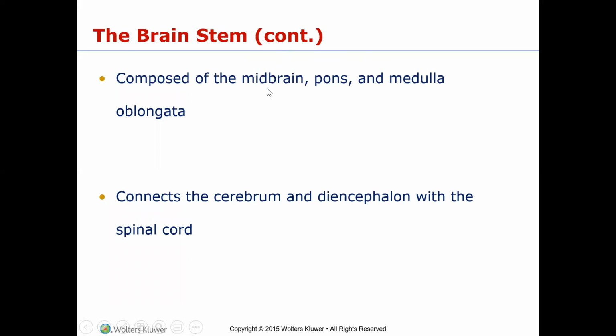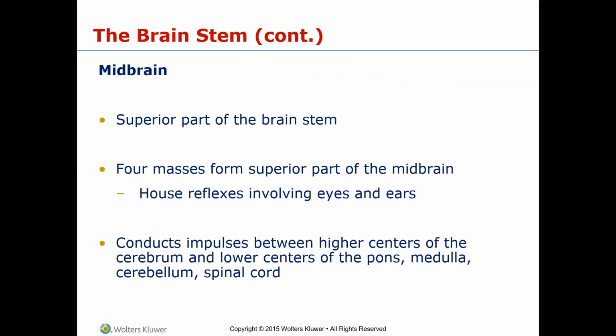The brain stem has three sections: the midbrain, the pons, and the medulla, and they have individualized functions as well. The midbrain is the most superior part of the brain stem. It has four masses and is involved in reflexes of the eyes and the ears, and it conducts impulses from the cerebrum to the pons, the medulla, and the spinal cord.